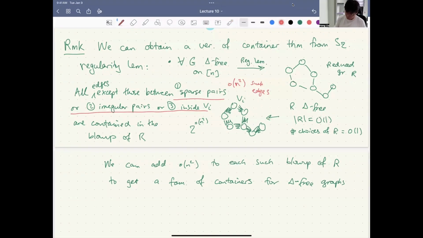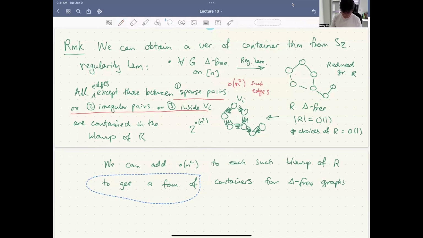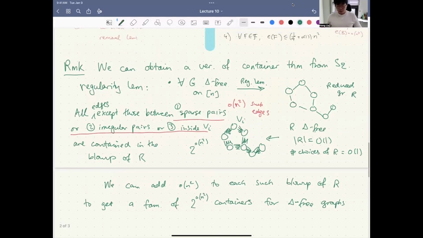Okay. The family of 2 to the little o n squared containers. This is the remark I want to make.